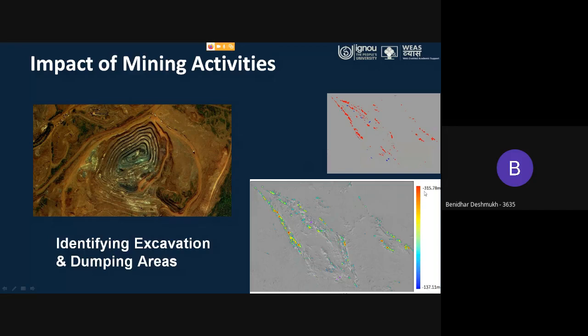This is the surface, and the red one gives you an idea that this is the maximum depth, around 300 meters, up to which the excavation has taken place. So one map gives you an idea about the areas, and the other map gives you an idea about to what level excavation or dumping has taken place.